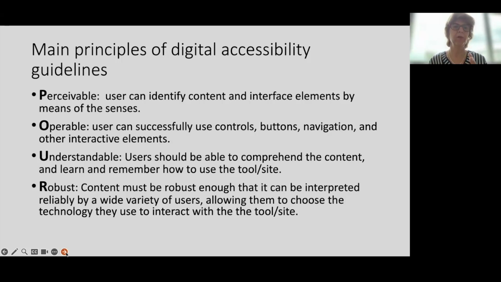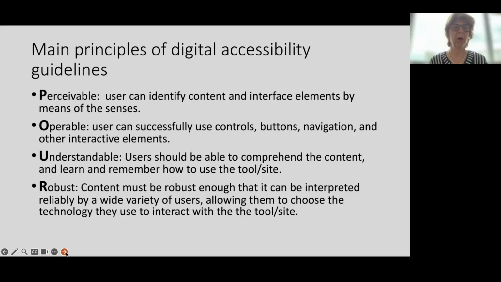And they have 4 basic principles. The first one is that accessible digital tools should be perceivable. So the user should be able to identify the content and the interface elements by means of the senses, right? So through hearing, through viewing, or simultaneously through hearing and viewing.